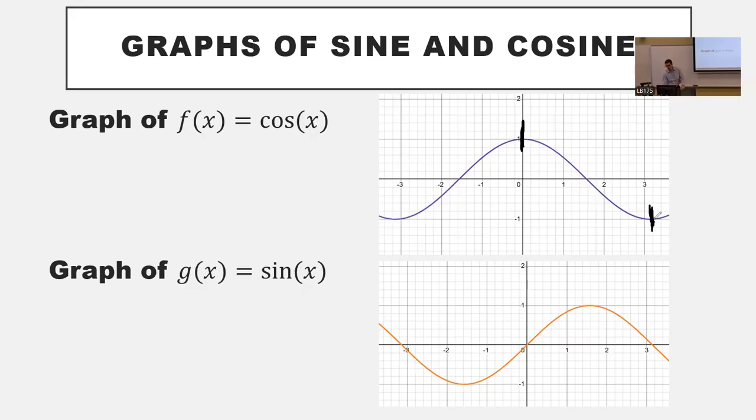If I tried to do that with sine, I would not get one-to-one. See that? It still failed the horizontal line test if I went 0 to pi on sine.